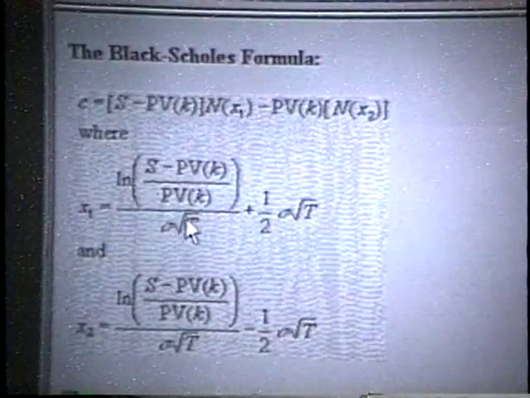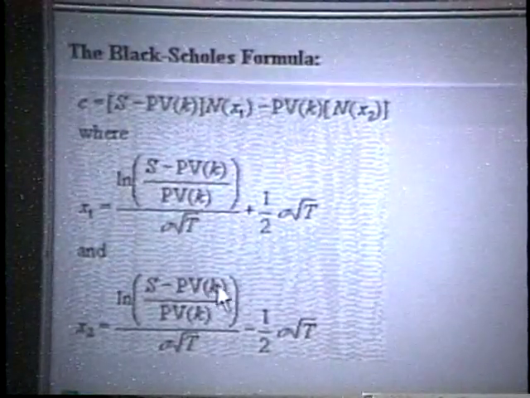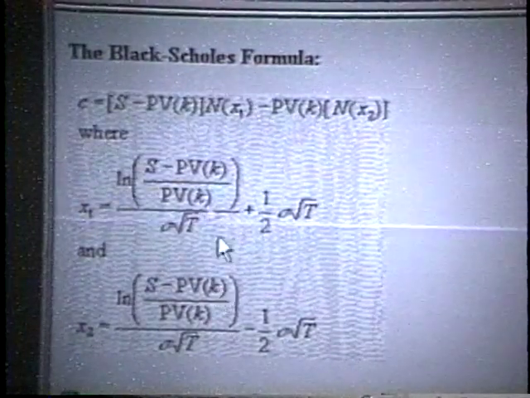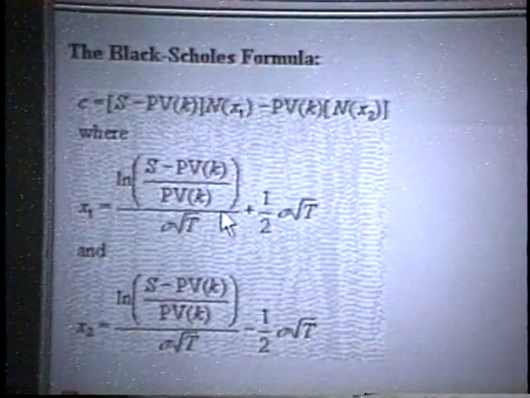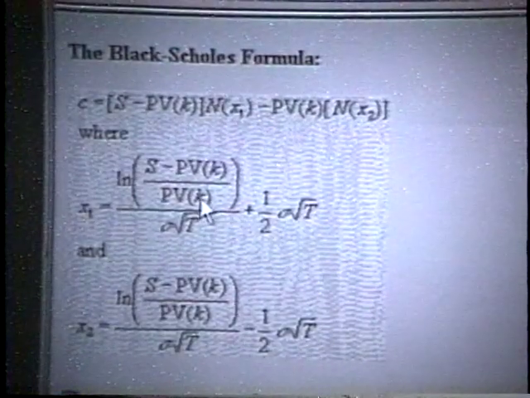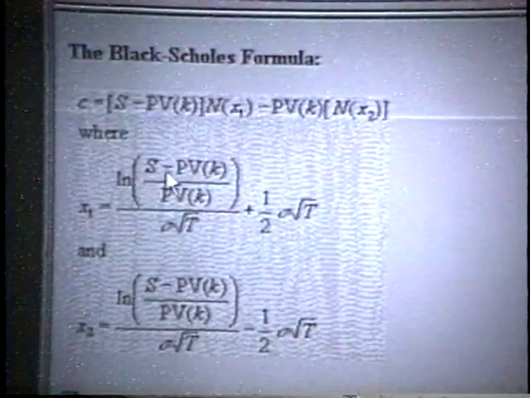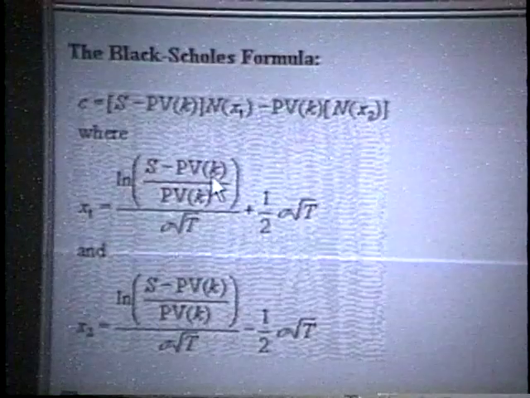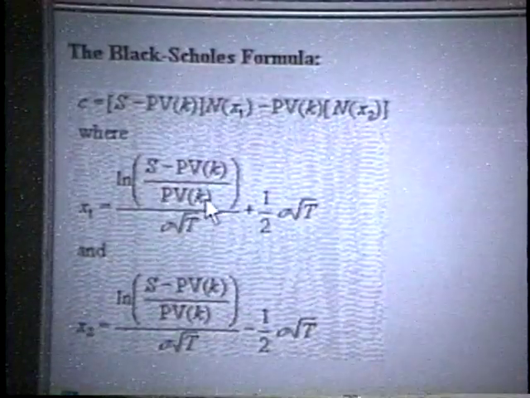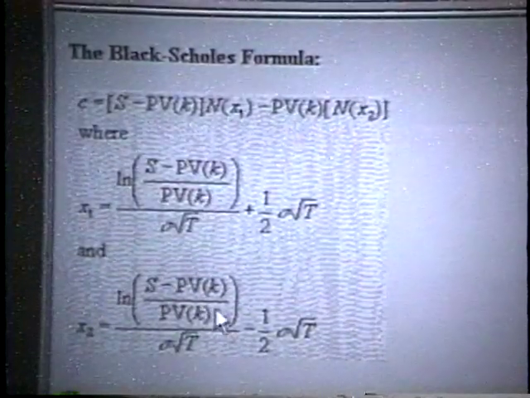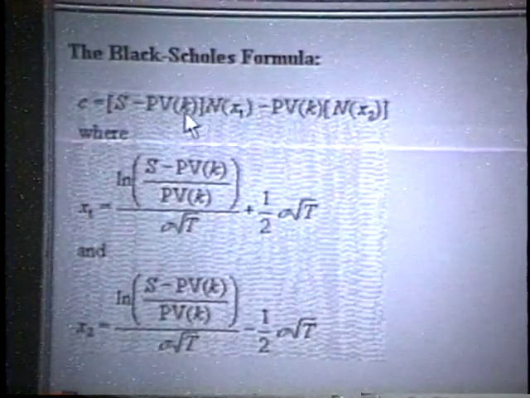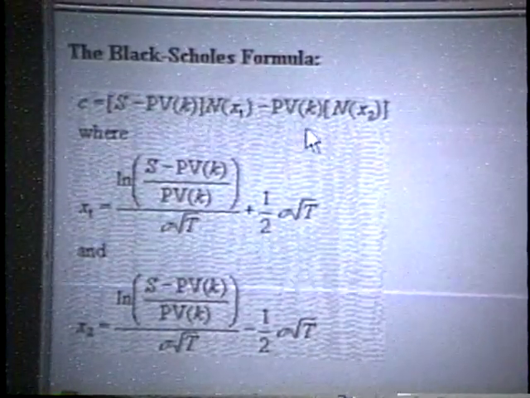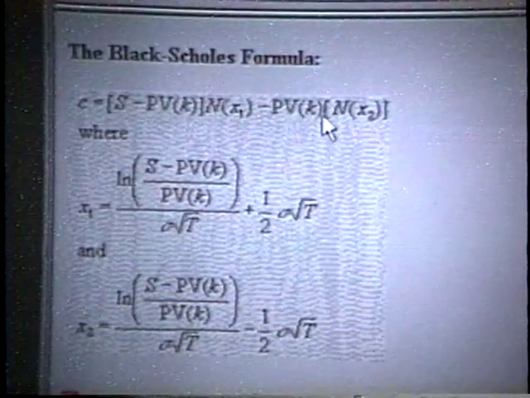So it appears here. It appears in both these natural logs. But the denominator should be PBK. So that's correct there. Okay, so it's S minus PBD divided by PBK. In both of these, and up here, it's S minus PBD, and that should be PBK.